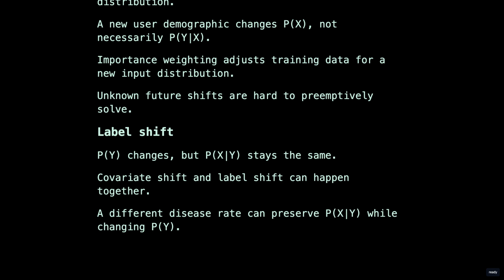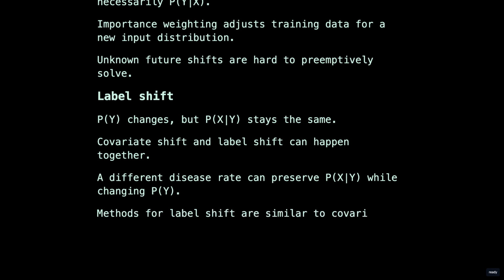Even so, among people who already have cancer, the age pattern can stay the same, which keeps the class conditional input distribution unchanged. Because the two shifts are related, many detection and adaptation methods look similar. The main difference is whether the correction is aimed at the input distribution or the label distribution.